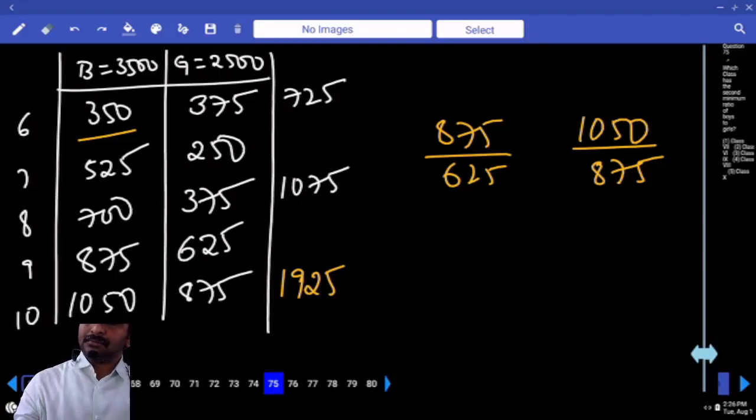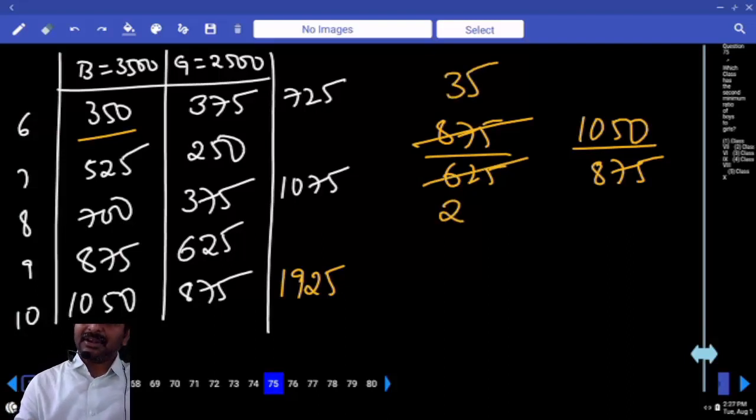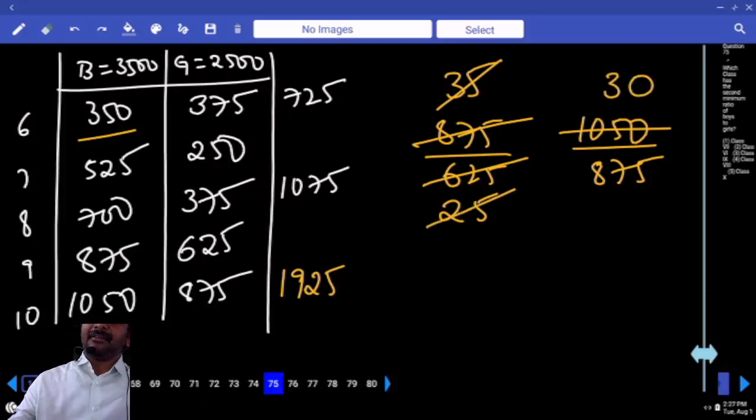Now, how many 25s will be there in 100? In 800? 32. Apart from 800, we have 75 more. Even in 75 also there will be 3 25s. 32 plus 3. 35. Okay. Now, 35. 3 times and 0. 25.